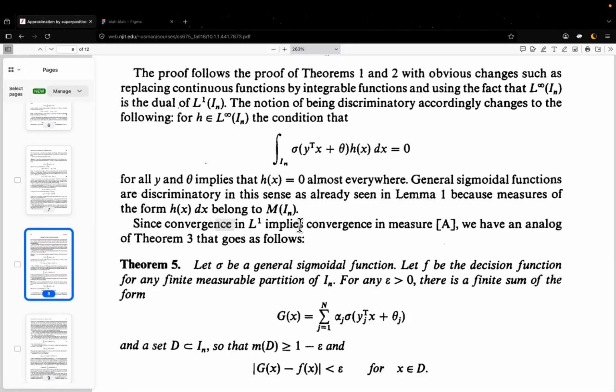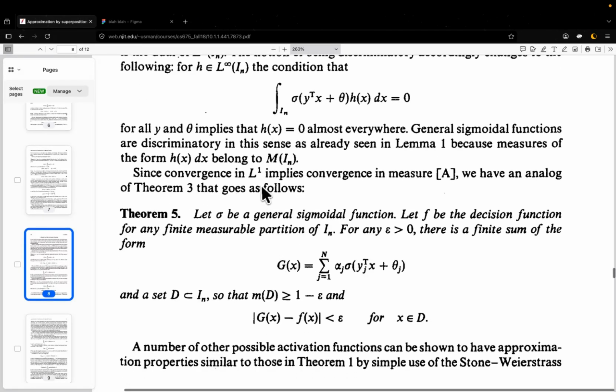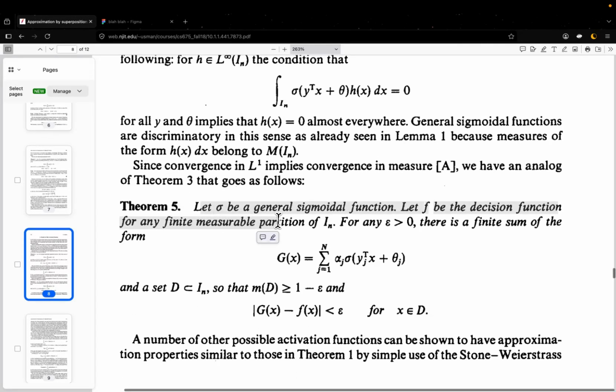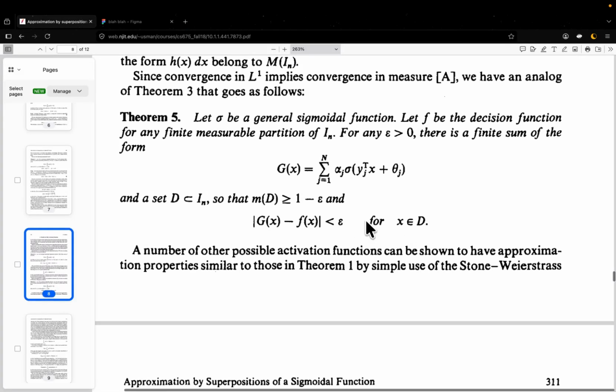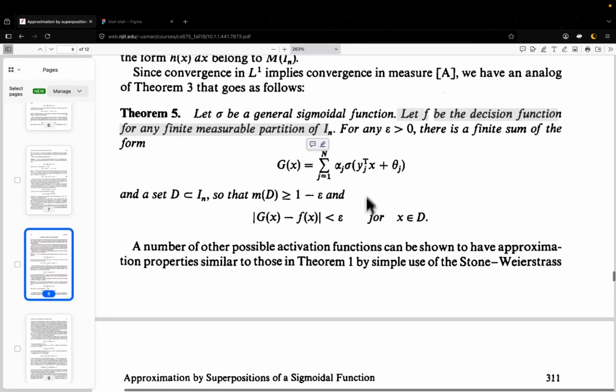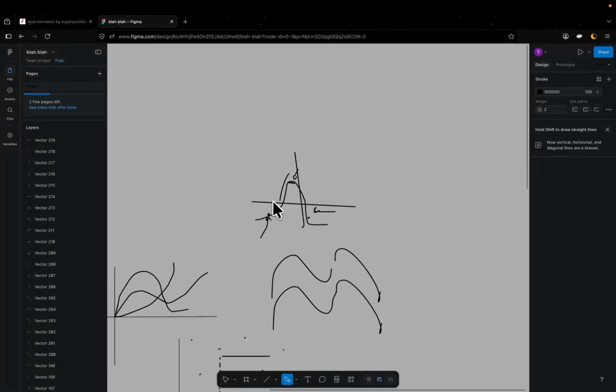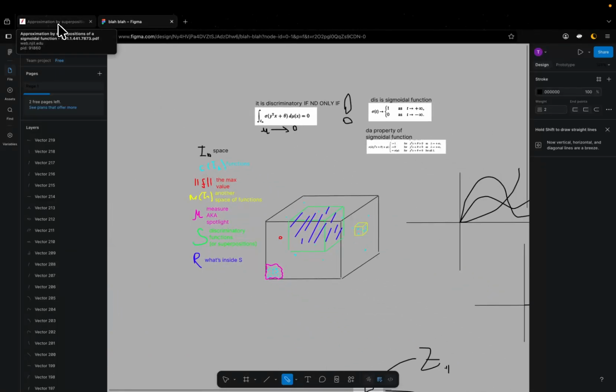Since convergence in L1 implies convergence in measure, we have an analog of theorem 3 that goes as follows. So we're looking for an analog. There is our neural net, and for any function we can represent it as a partition decision. We're looking at the same theorem, but just with decision functions, like f(x) is more than 1, we get 0, something like that.